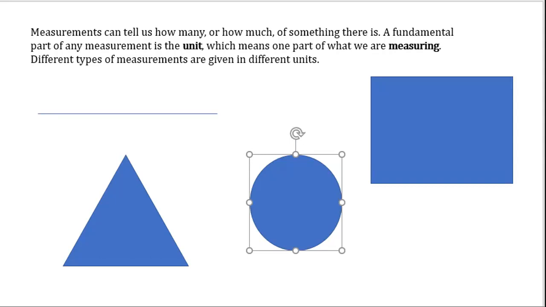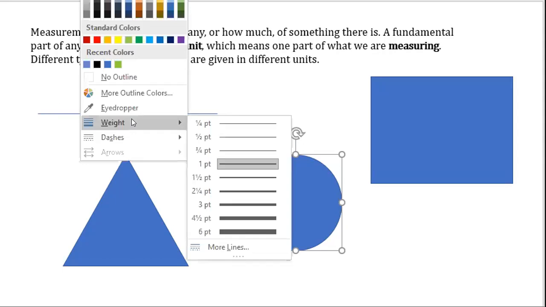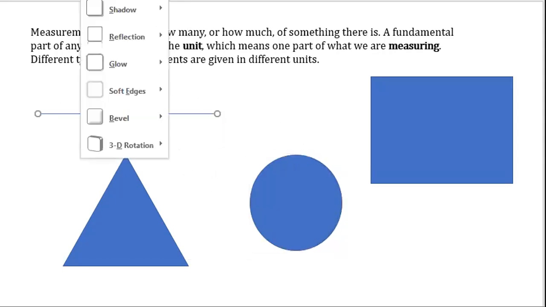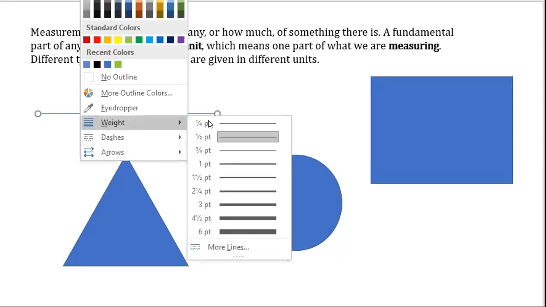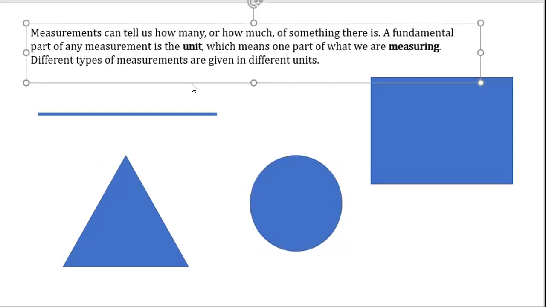As I was saying before, measurements can tell us how many or how much of something there is. And I drew this line here, right?